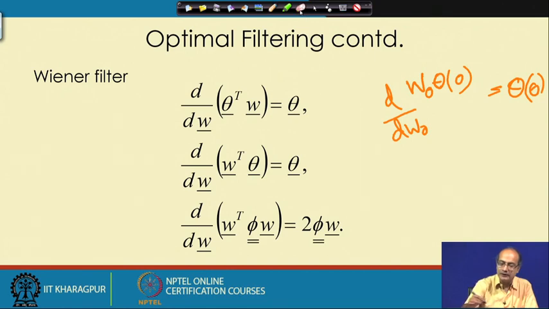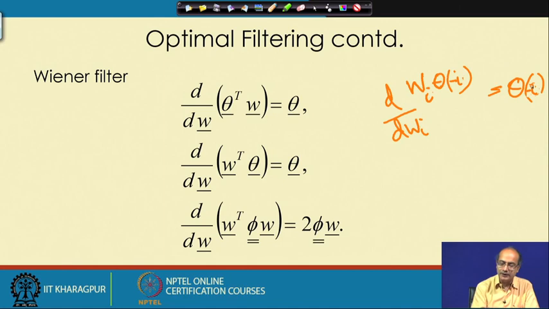Or let us take it in a more general way. Say for each of these terms we have theta i here, so the derivative with respect to W i gives theta i. Okay. So, we get terms like this, each of these terms.